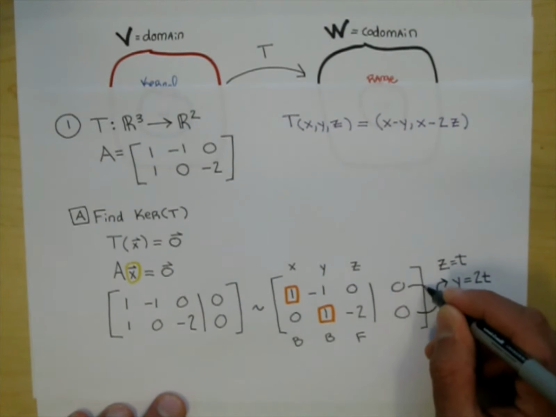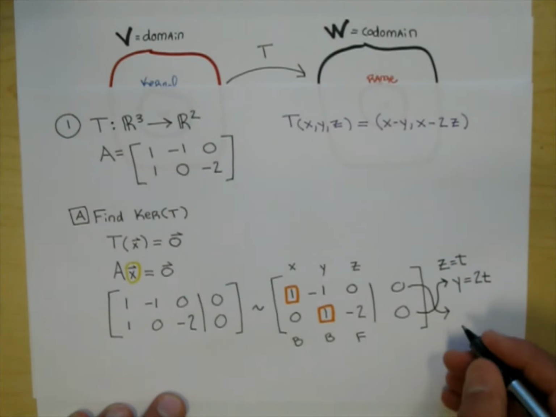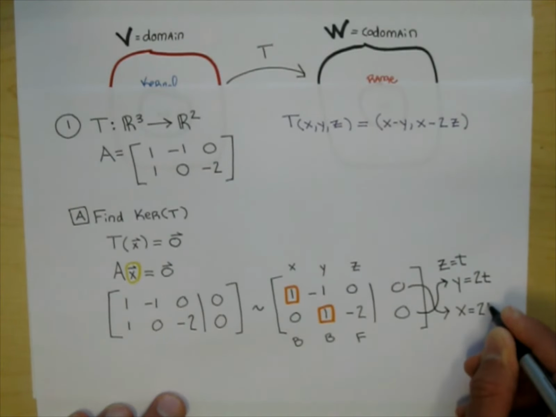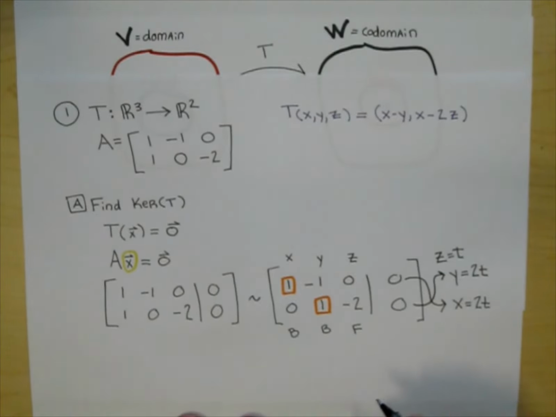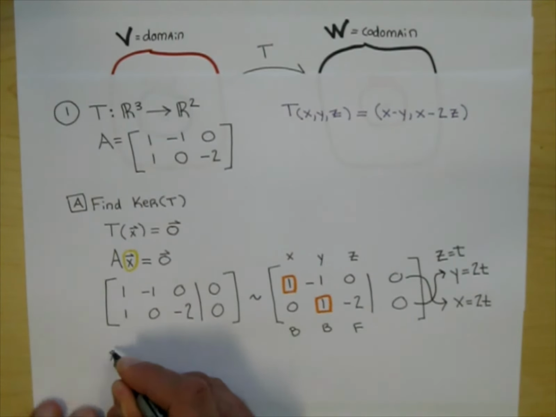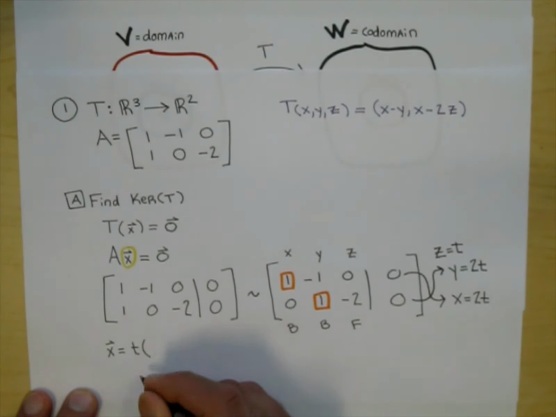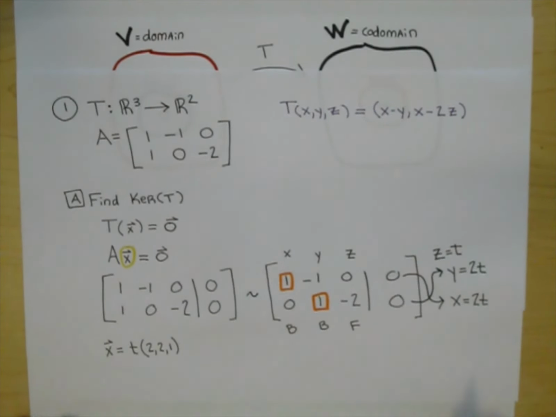From the first row, we have x minus y equals 0, x equals y, so it looks like x is going to equal 2t as well. So when we solve this system, our solutions look like this: t times 2, 2, 1. I went ahead and put that as an ordered triple, and then I factored the t out.